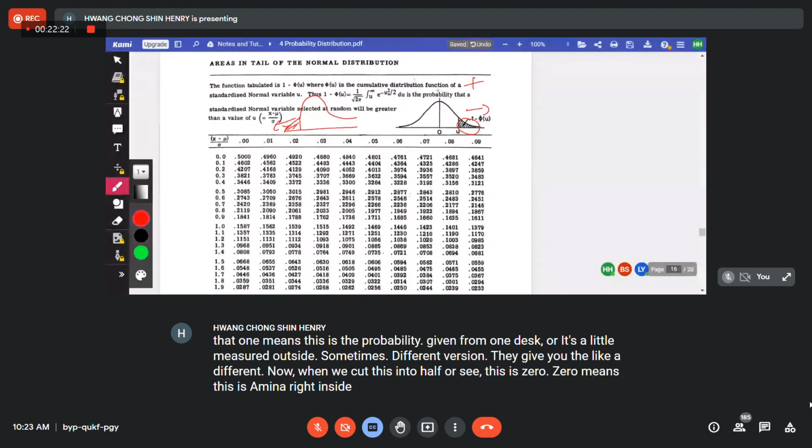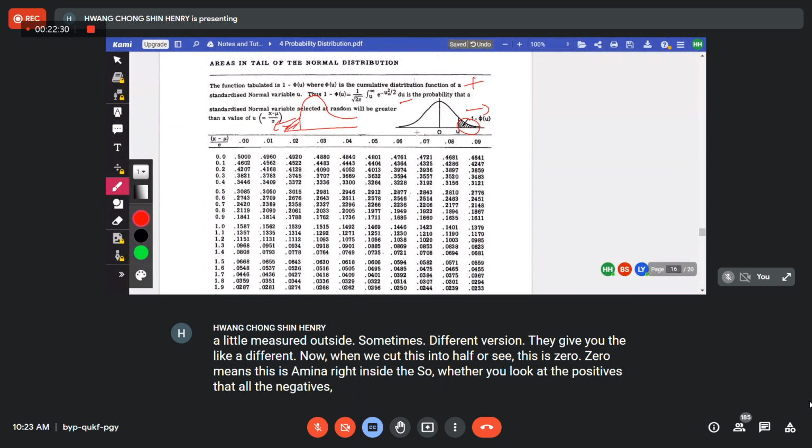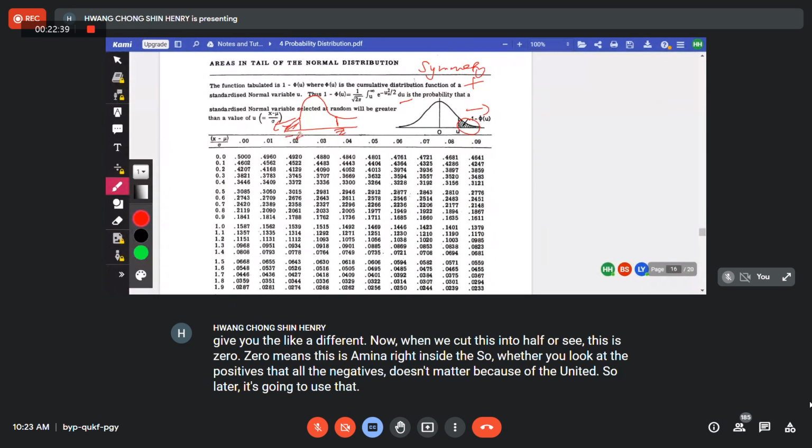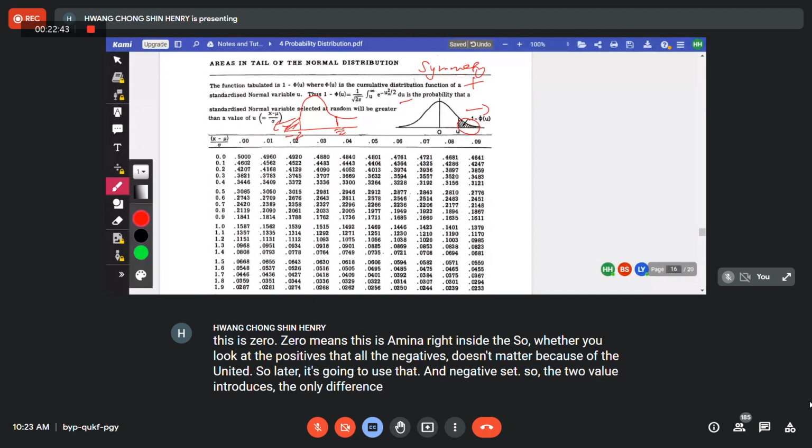Remember symmetry, the left hand side is negative. Whether you look at the positive side or the negative side doesn't matter, because of the symmetry. Later I will explain Z and negative Z. The two values are actually the same. The only difference is one positive, one negative, because the mean is in the middle.